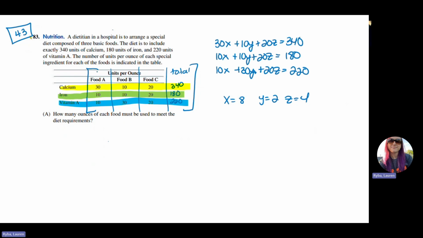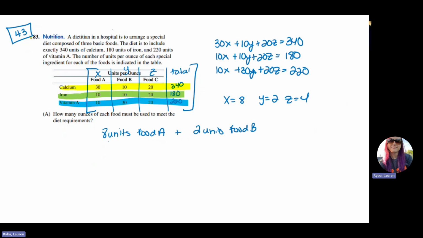Okay, if we look back at here, this is the X, this is the Y, this is the Z. So I need 8 units of food A plus 2 units of food B, because this all has to happen at the same time. It's not just 8 units of A that gets me to what I need.